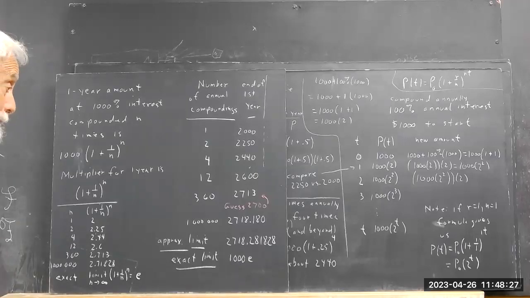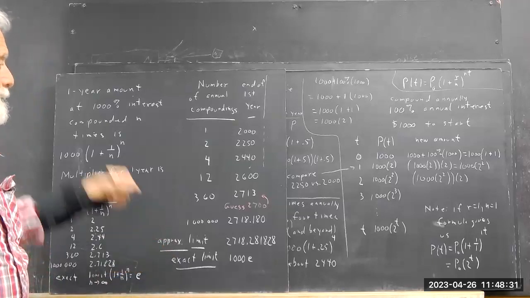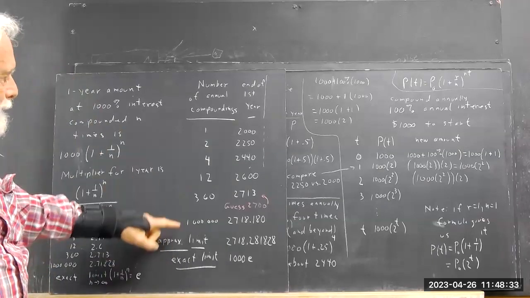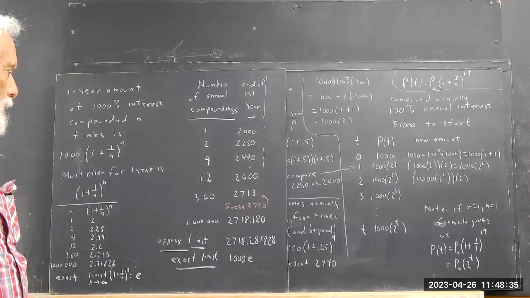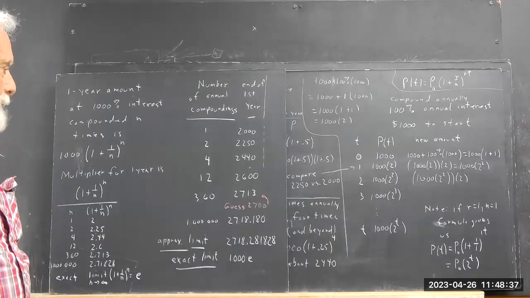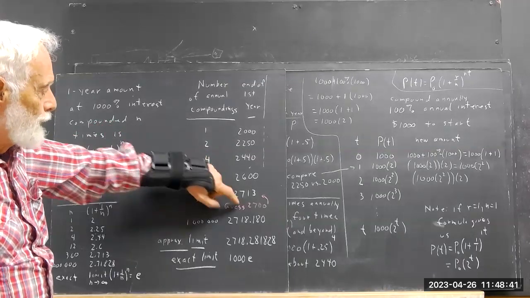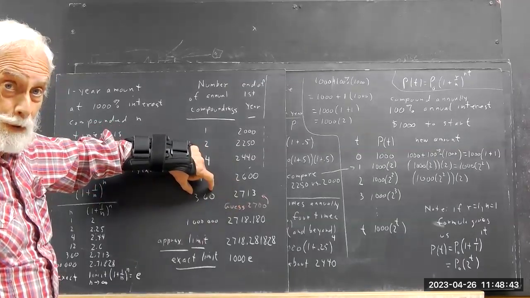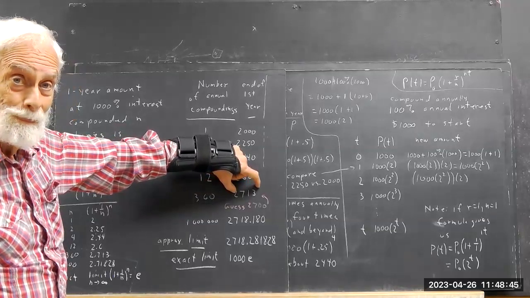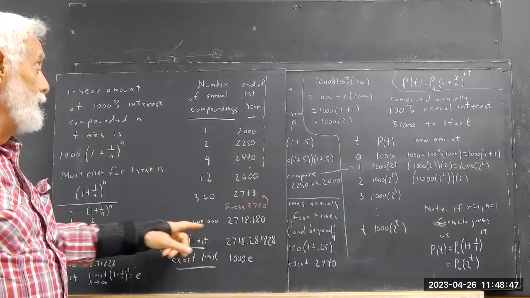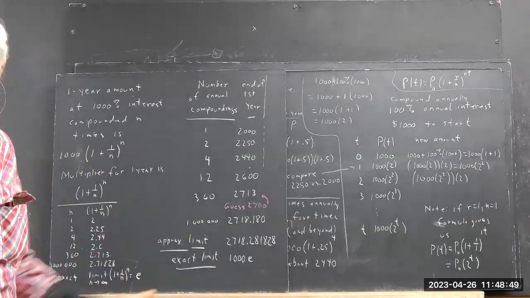I want to summarize this because it's really kind of important. Okay, so I'm pretty sure, I'm not sure, I know we recorded where you guessed 2,700, 360 compoundings, we got this. Then you did it for 1,000,000 compoundings.